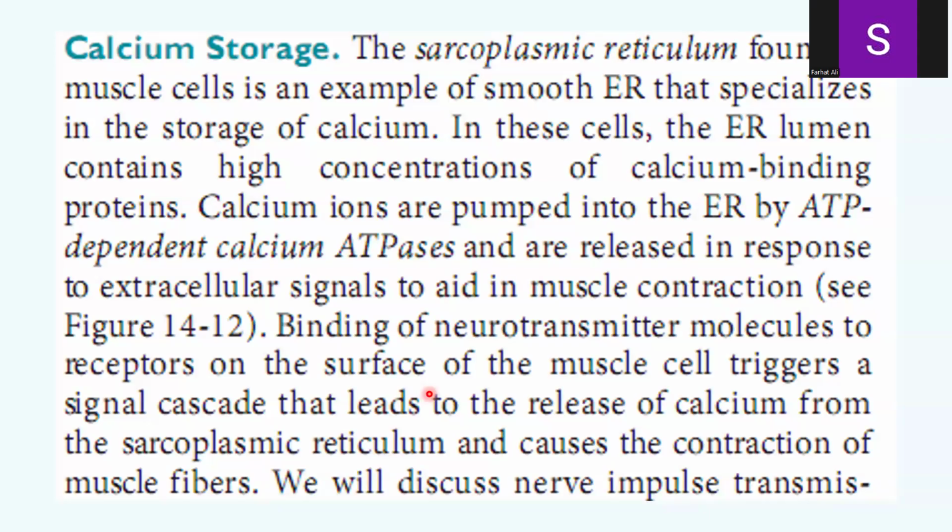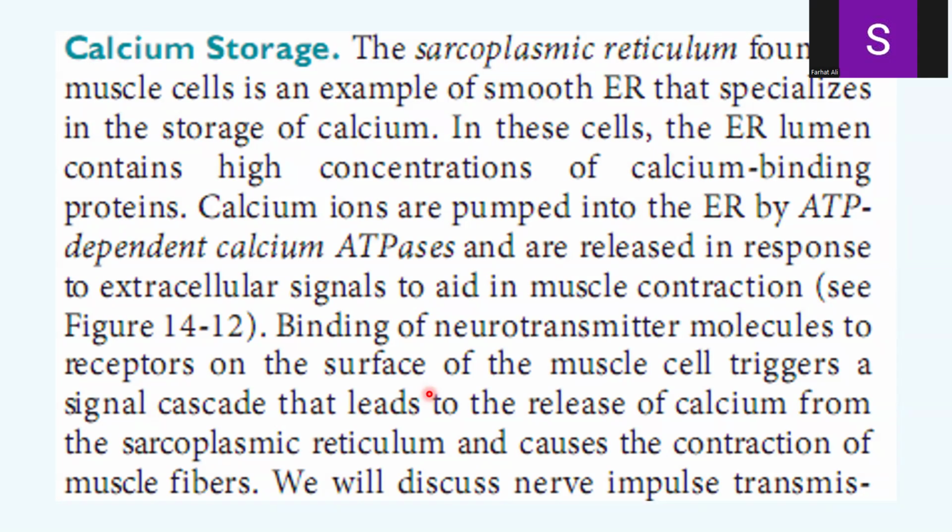Then the smooth ER is also important for storage of calcium. The concentration of calcium inside the cytoplasm of the cell is typically low. Most of the calcium in the cell is stored inside the endoplasmic reticulum and the mitochondria.